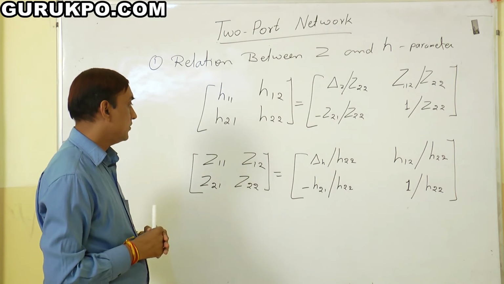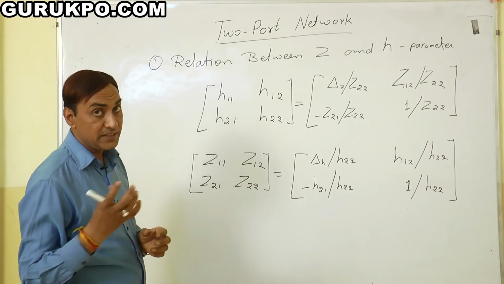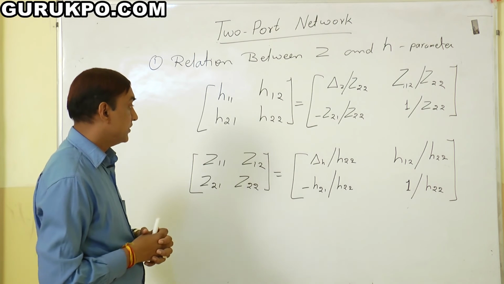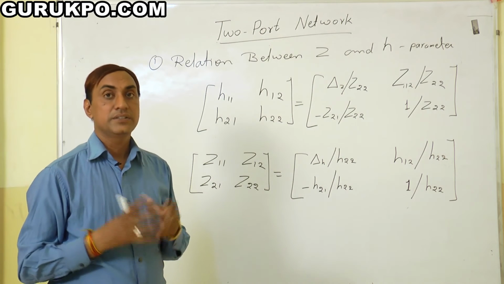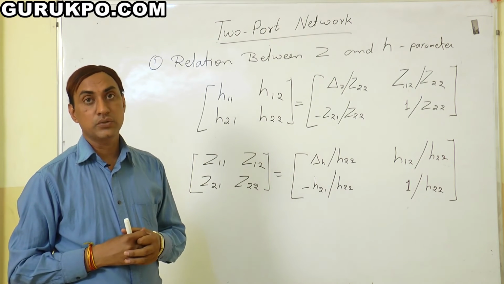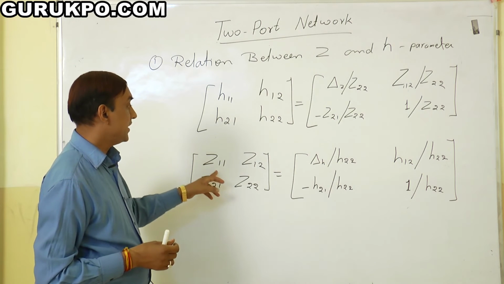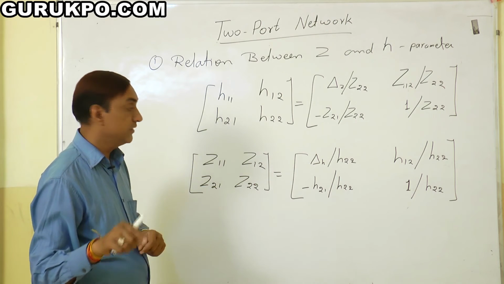Now we discuss H parameters and Z parameters. We get the Z parameters from the H parameters. What is the relation? We also discussed this equation in the previous lecture. Then, with some mathematical solution, we get the matrix of this one. So here Z11, Z12, Z21, Z22. These are the parameters required in the two port network.